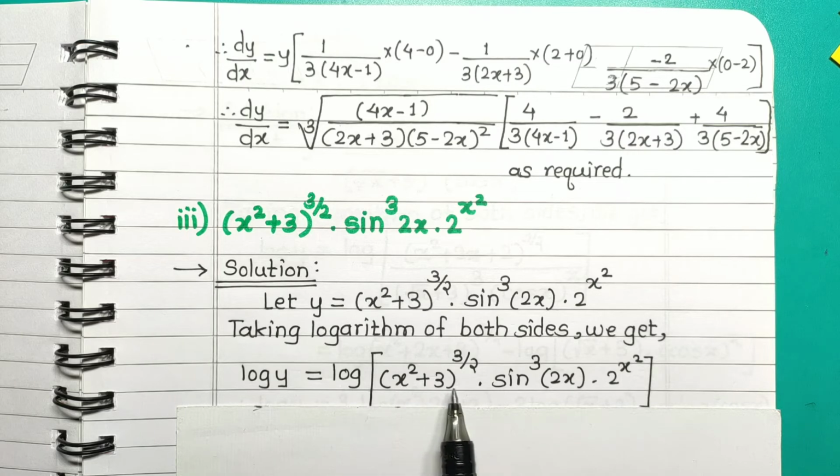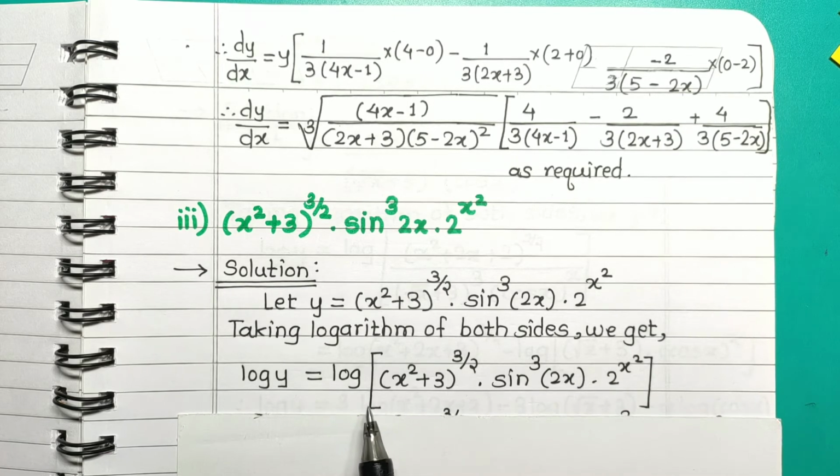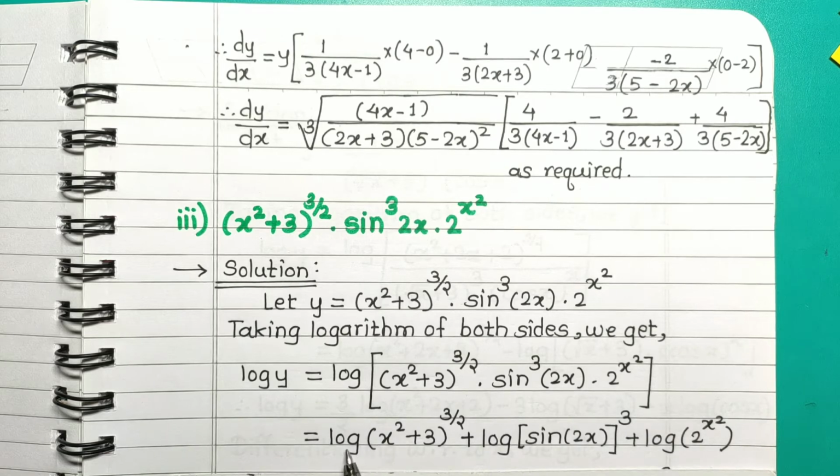Now to the next step, let's simplify these multiplied terms. We can split these terms using the law of product for logarithm. So we can write it as log of the first term plus log of the second term plus log of the third term. We have used the law of product here.